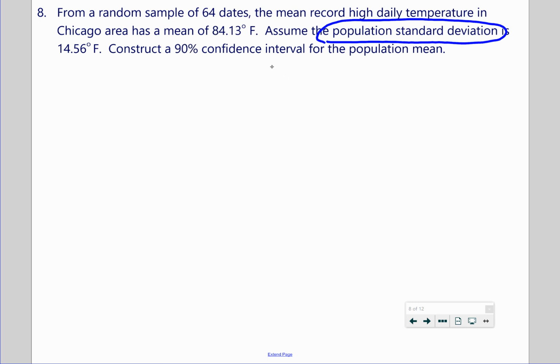Now, it's a 90% confidence interval, 0.90. So again, from your chart, you can find at that very bottom corner there, the level of confidence that we're looking for, 90%. Go over to your critical value of Z, 1.645. Other information we're given, what is 64?